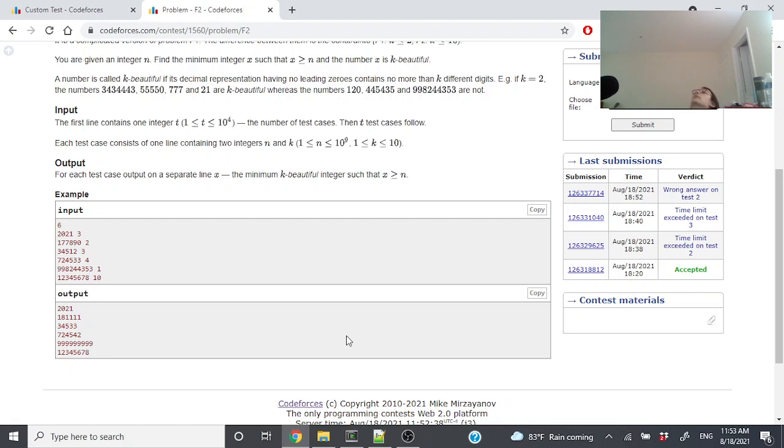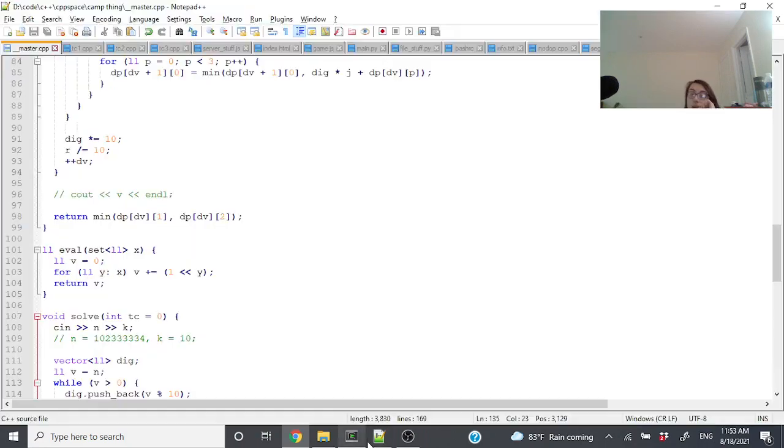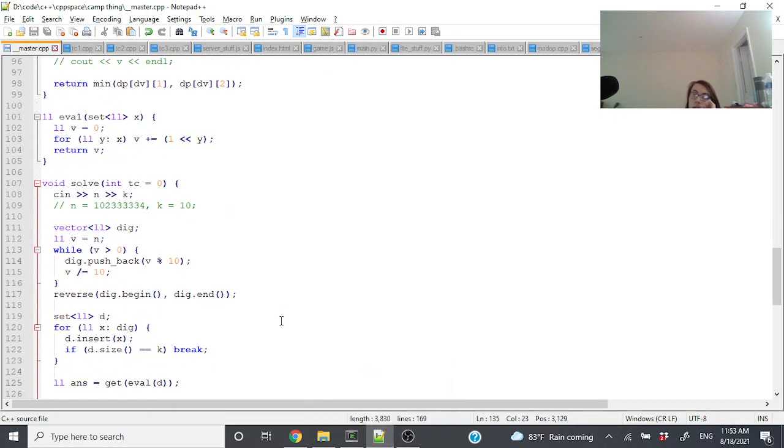Where would this be wrong? When it's handling zeros? Is it somehow doing the K thing wrong?